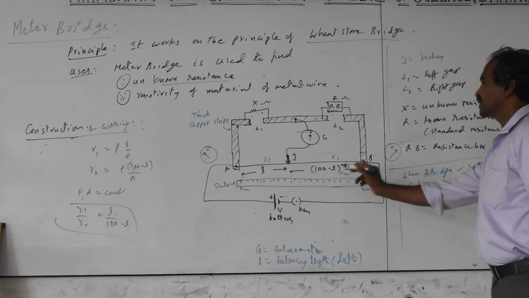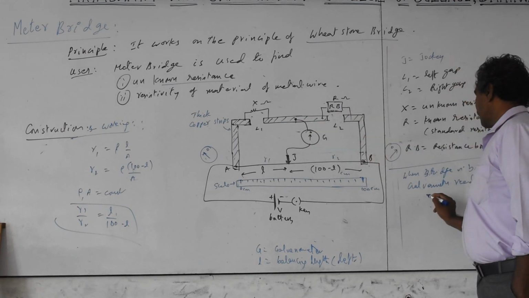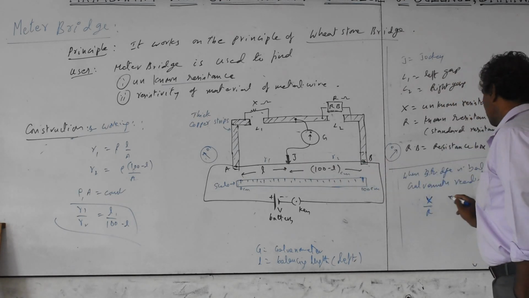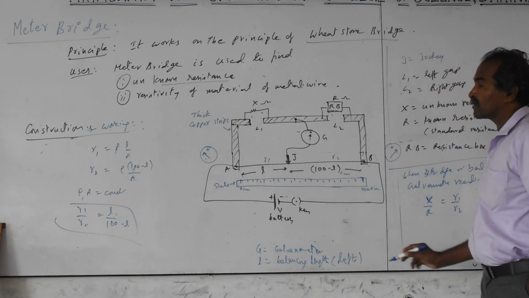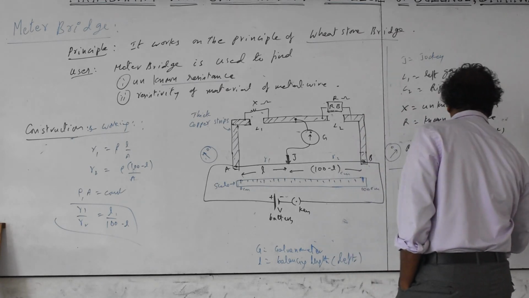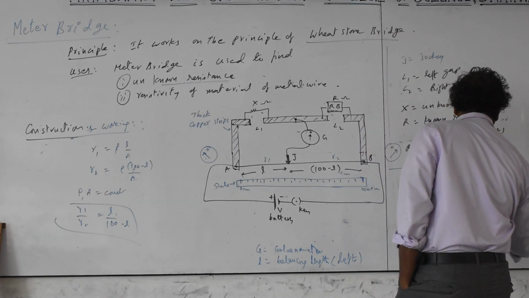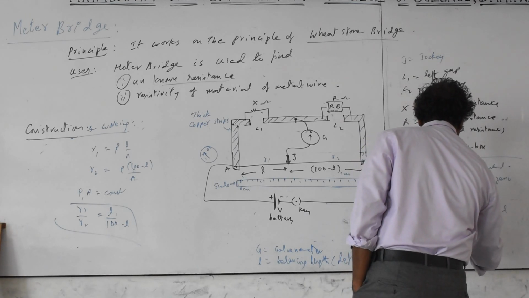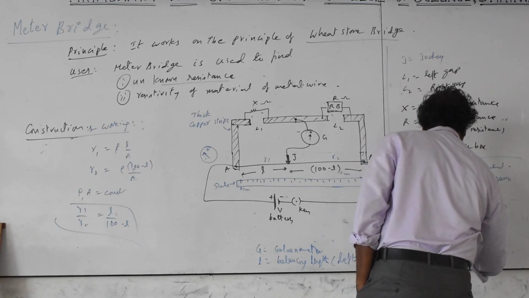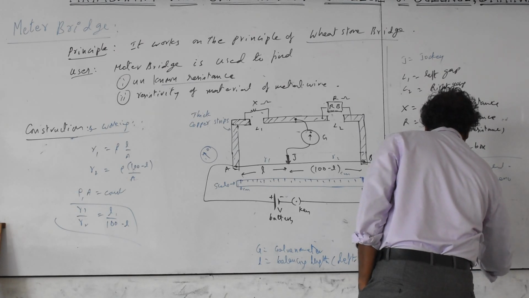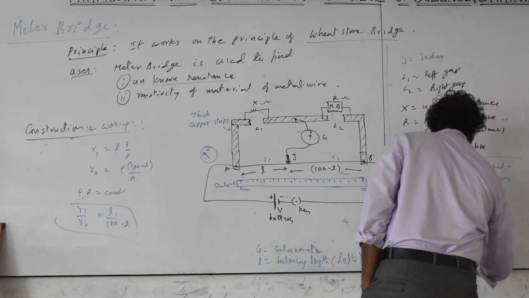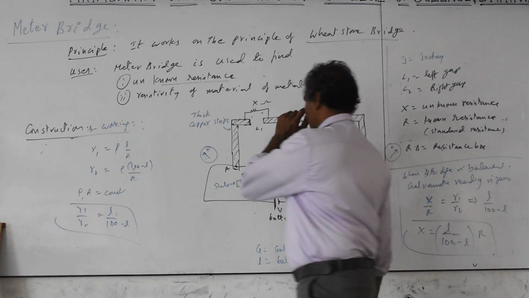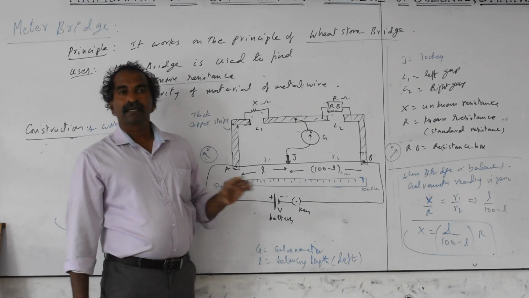In that case, X by R is equal to R1 by R2, but R1 by R2 is nothing but L by 100 minus L. We have to find the unknown resistance. Therefore X is equal to R into L by 100 minus L. This is the unknown resistance you have to find out. This is very easy to find.